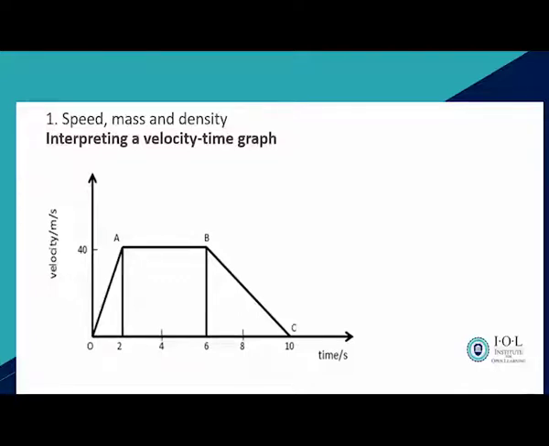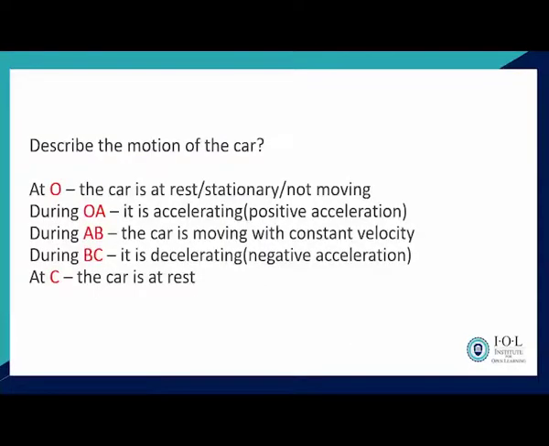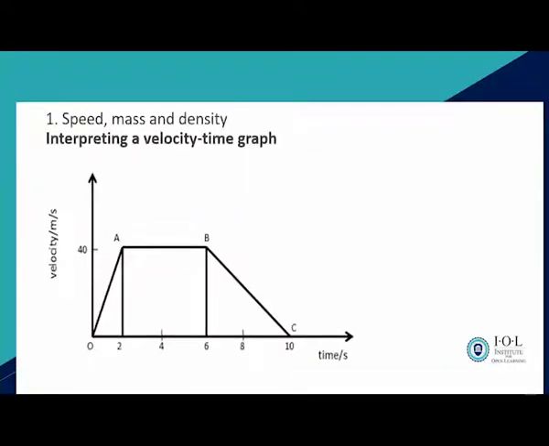The first topic that we are going to look at is speed, mass, and density. Here I want us to be able to interpret the velocity time graph, like the graph that is shown there.